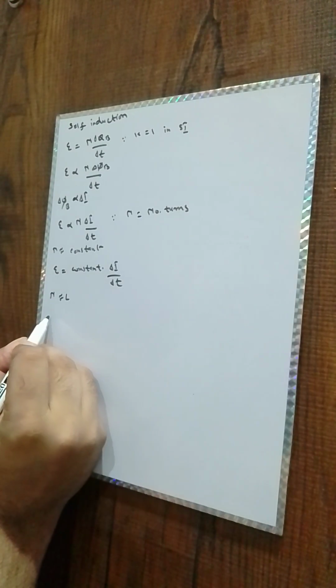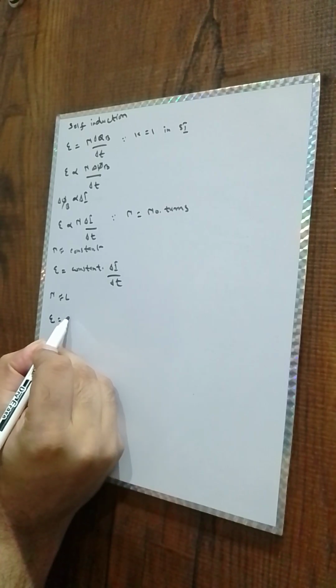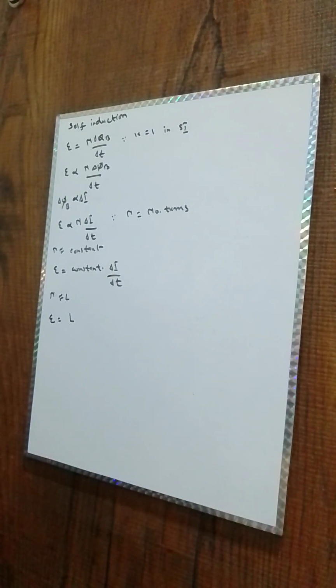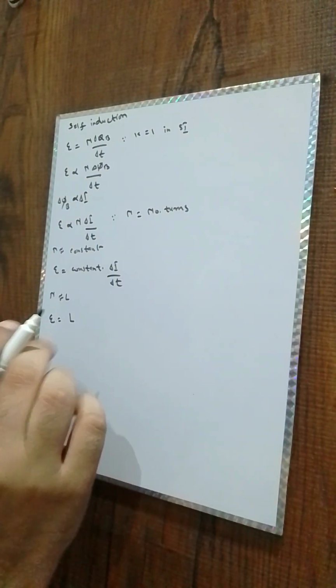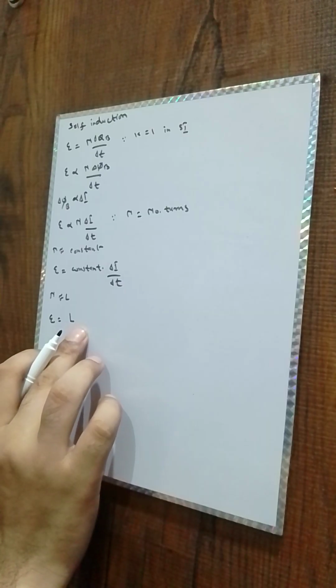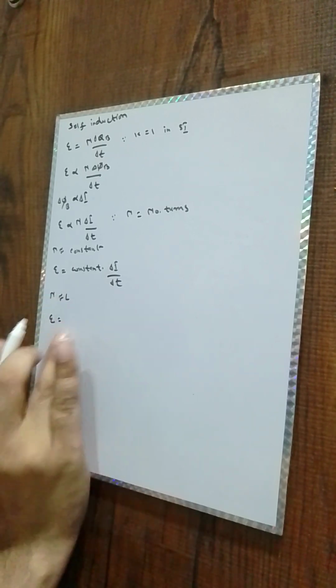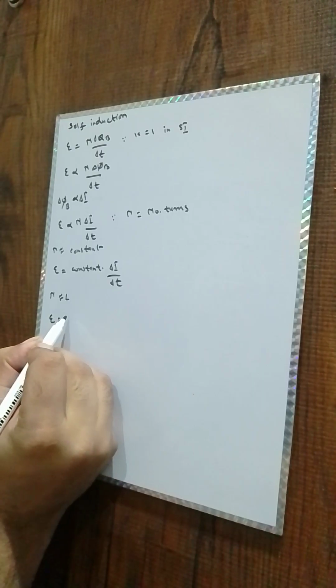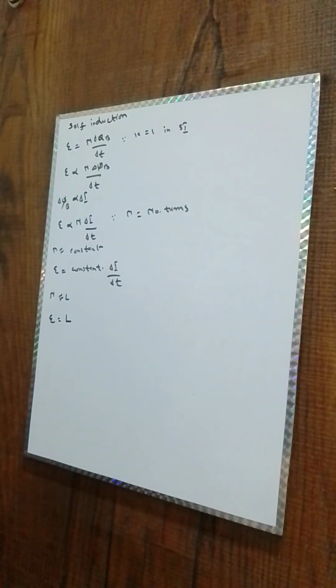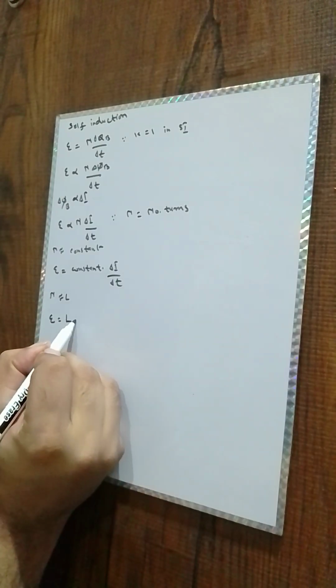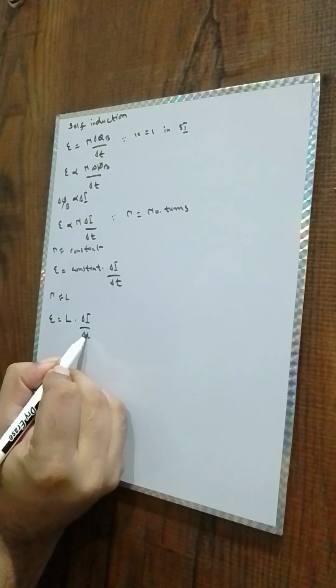So we have another way of writing this form, which says length, or differential length maybe, and the same thing repeated, delta I by delta t here.